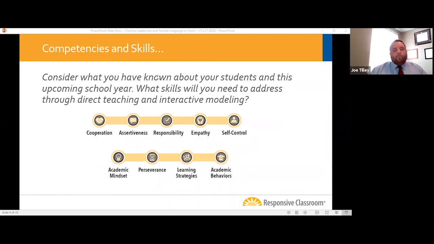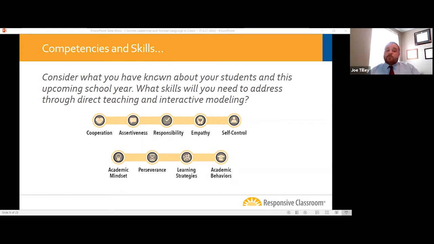Now that you've had a moment to think in terms of what some of these skills are and what they may be for your classroom, we're going to jump into the leadership style in just a moment. I do want to back up for just a quick second and share with you, I should have shared this when I introduced myself. I was a classroom teacher for several years.